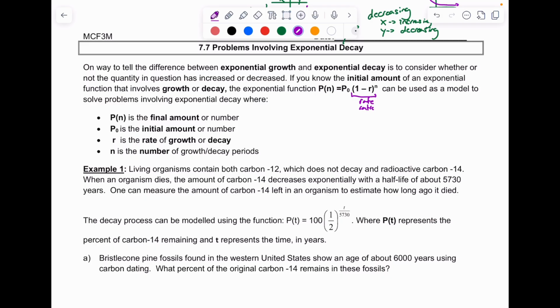Let's say you had 100 milligrams of something and you had 30% of it left over. Well, the rate or the ratio would be 30%. But you can't just multiply by 30%. You multiply by 0.3, and you'd have 30 milligrams left over. So that's what this portion is saying: what rate is being applied.